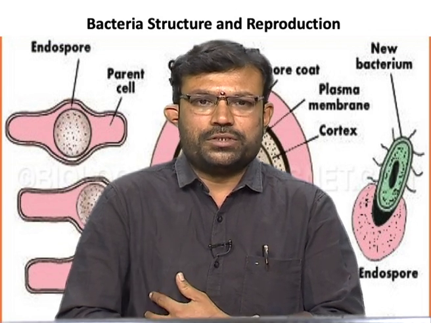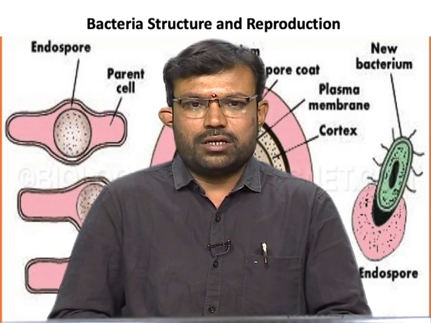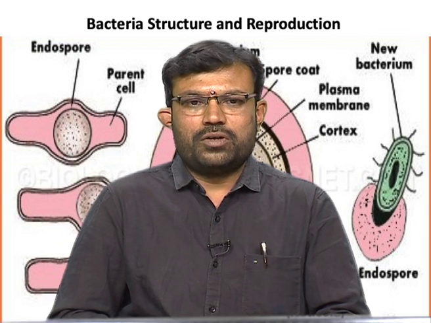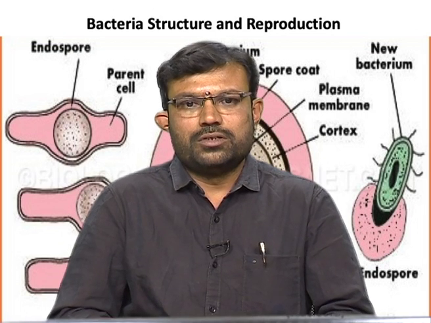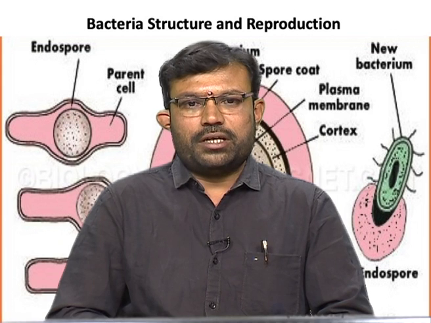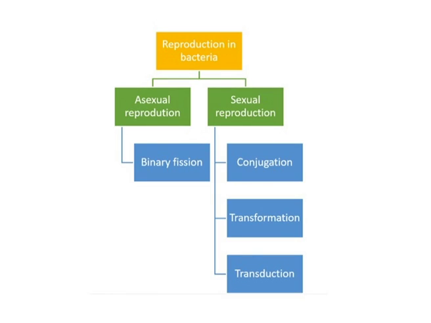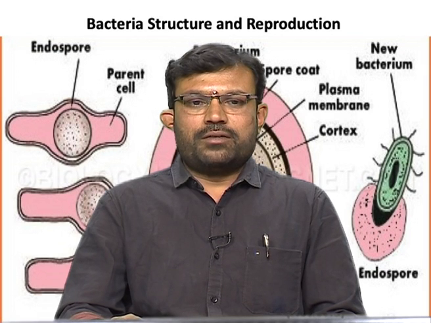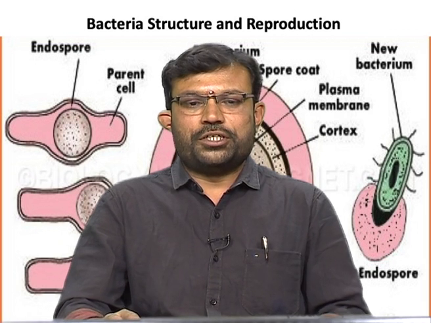So, what is binary fission? In binary fission, the parental cell divides and produces two daughter cells. During binary fission, the genetic material, the nucleoid, is present inside the cell membrane, and the cell elongates after the replication of genetic material.